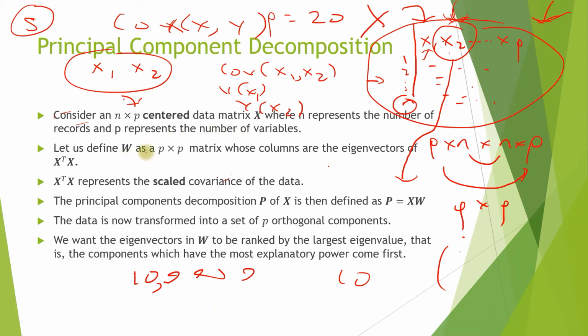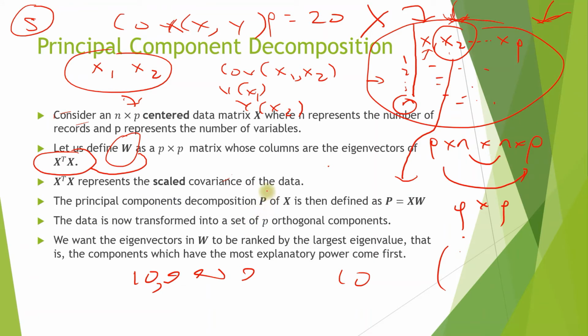So you define a matrix W as the eigenvectors, that is the columns of a matrix W to be the eigenvectors of the covariance matrix. Then what is the principal component decomposition?